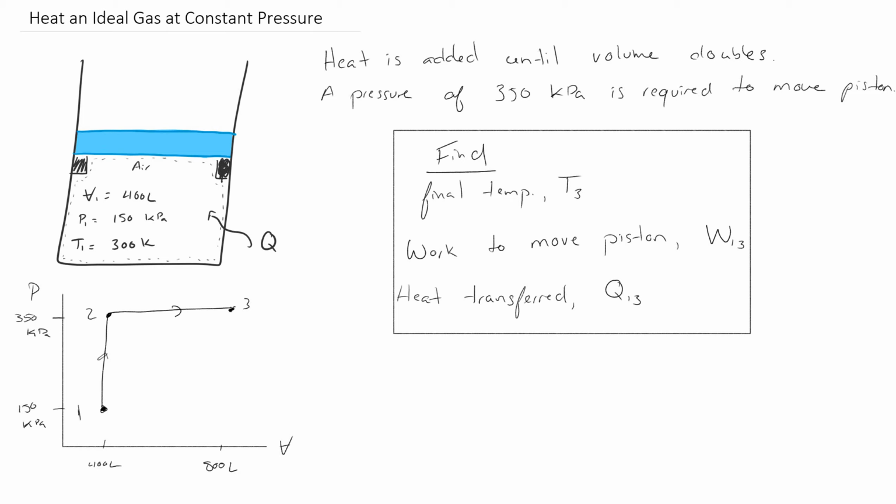So when we get to 800 liters, we're going to stop. I've labeled each of these steps 1, 2, and 3, with 2 being our intermediate step. Okay, so the final temperature T3 is the first thing we're going to tackle.